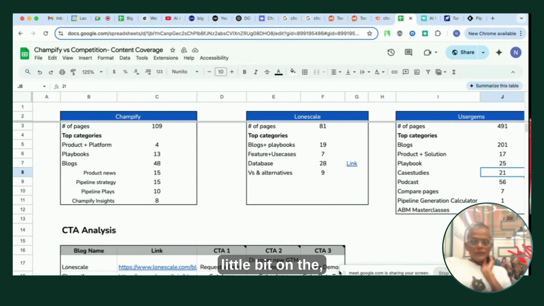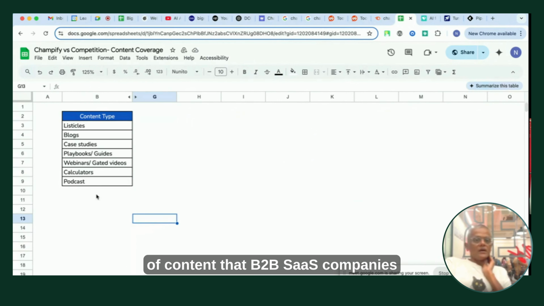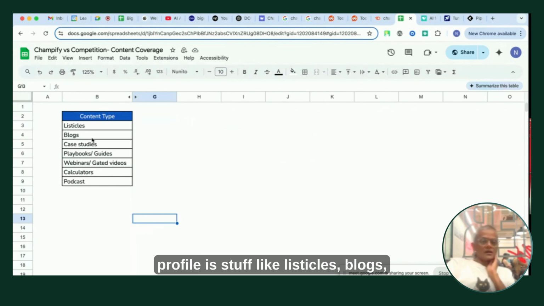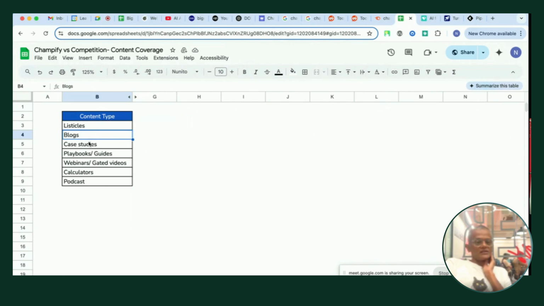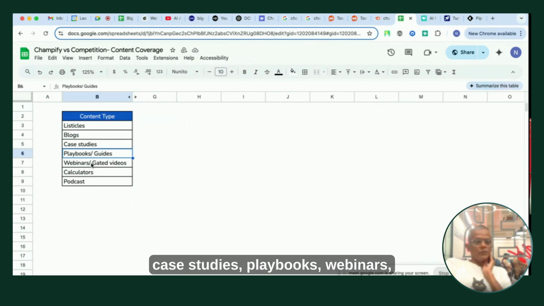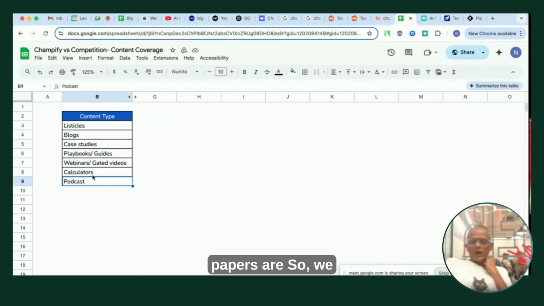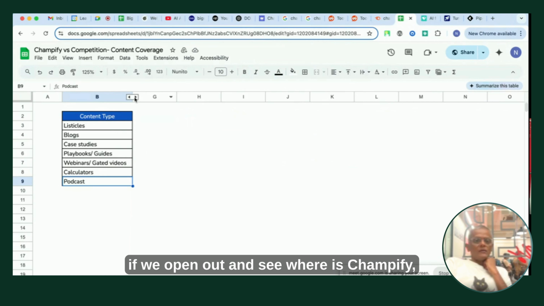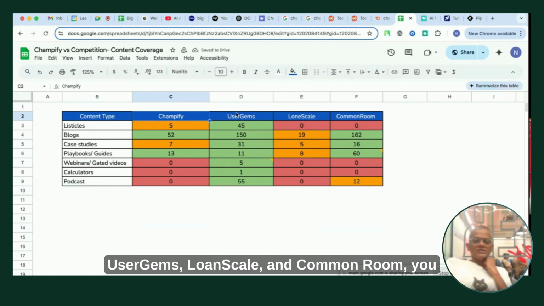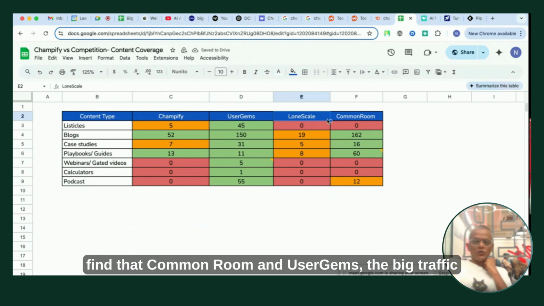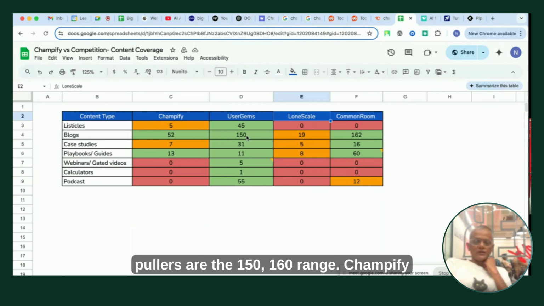And a little bit on the content presentation, the types of content that B2B SaaS companies would publish to attract the ideal customer profile is stuff like listicles, blogs, case studies, playbooks, webinars, calculators, and podcasts. White papers are becoming a little old school, so we have not looked at that closely. And if we open out and see where is Champify, User Gems, Loan Scale, and Common Room, you find that Common Room and User Gems, the big traffic pullers, are in the 150, 160 range.